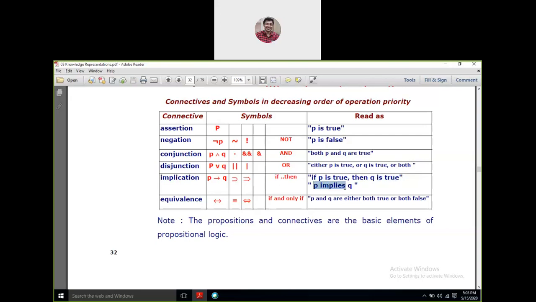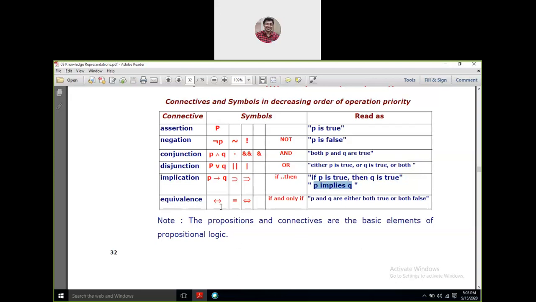That means P implies Q. So the moment P is true, I have to check the conditions where Q is true. But if Q is false while P is true, then this implication overall will hold a false value. I'll be talking about all these things in the next example.